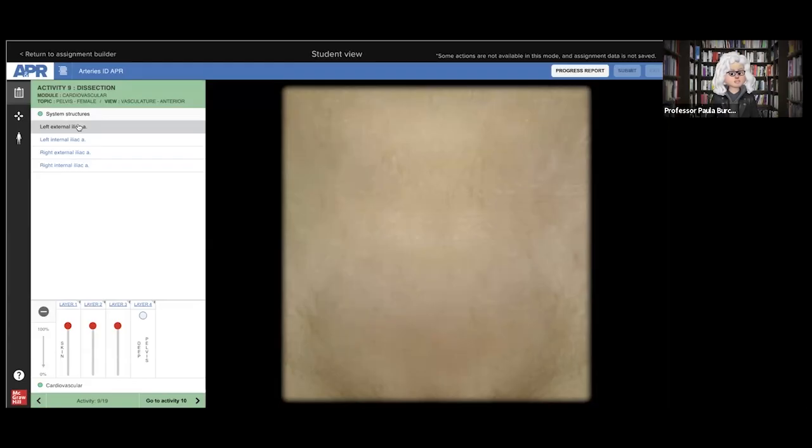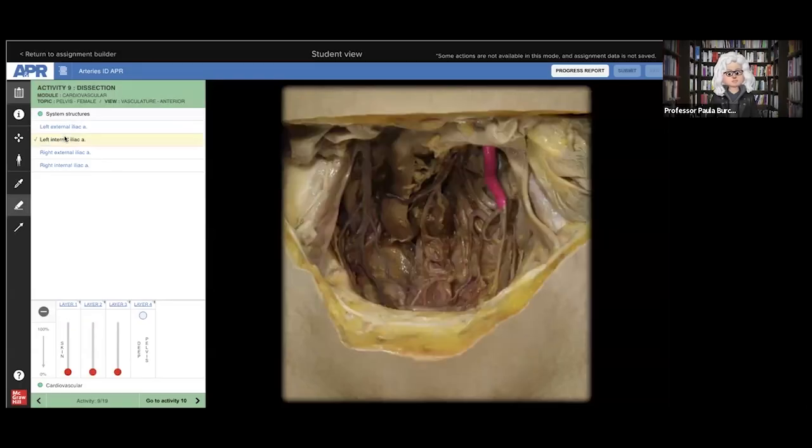The common iliac arteries coming off of the abdominal aorta will then branch, and you'll have a branch going inward to the pelvic region here with your organs in this area. And this here is going to be the internal iliac, and this would be the external iliac.